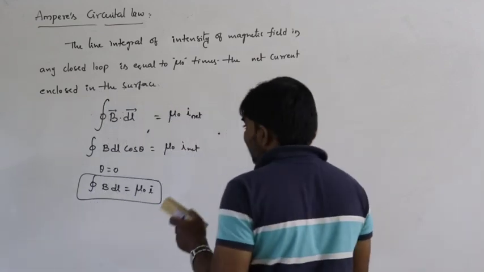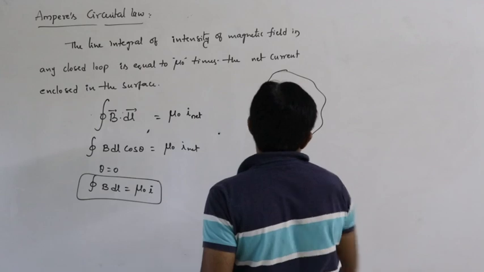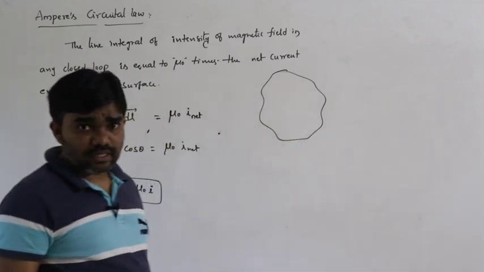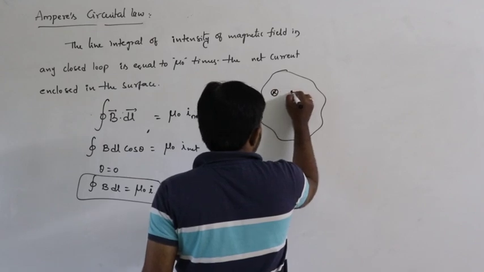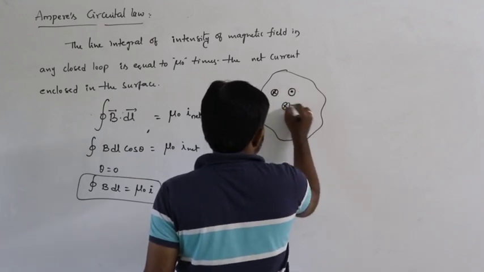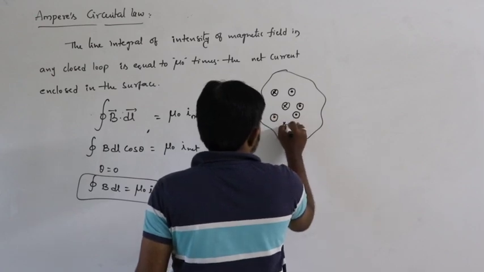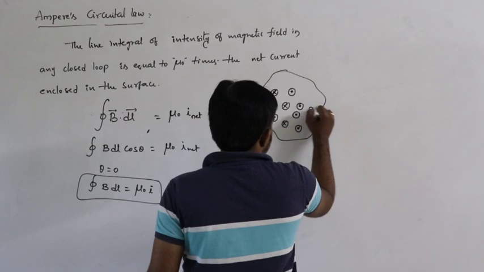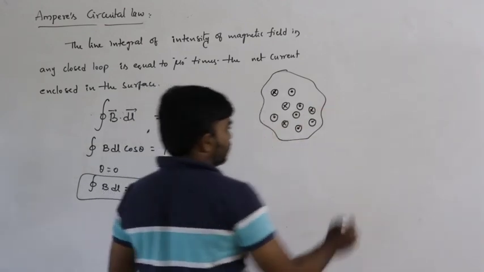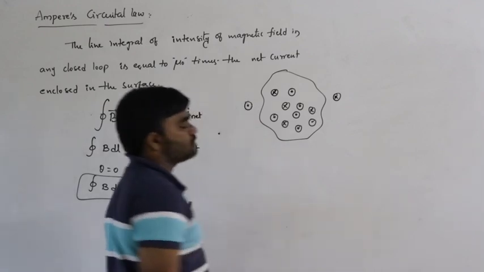So what is I net here? Let us say it is any closed path. Let us say currents are like this. Some currents are acting inwards, some currents acting outwards, and some currents are outside the surface.